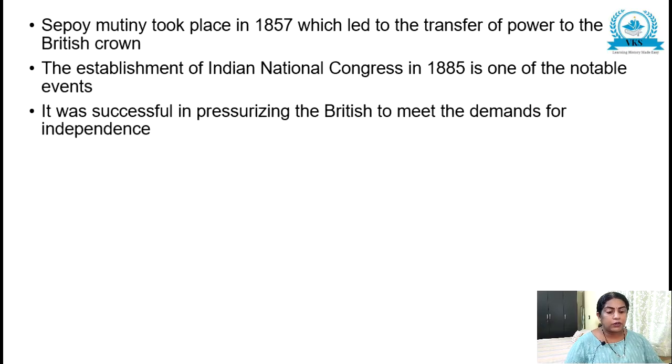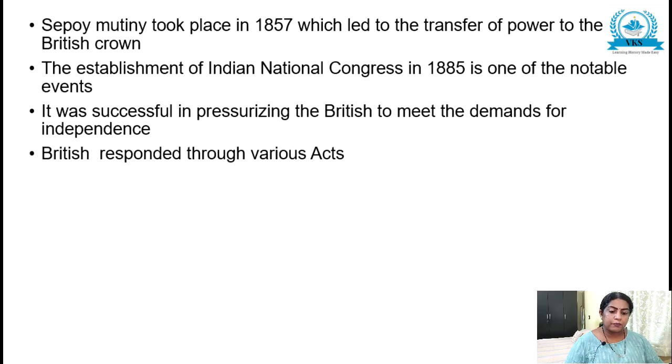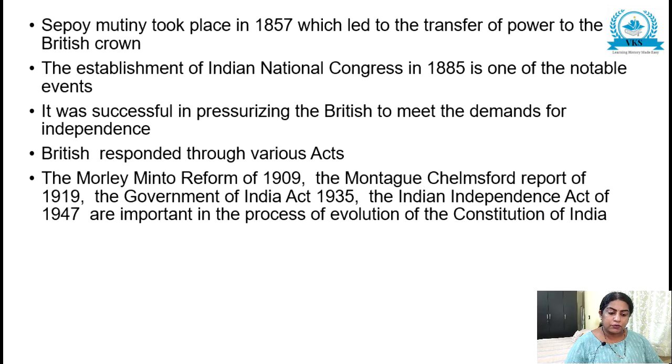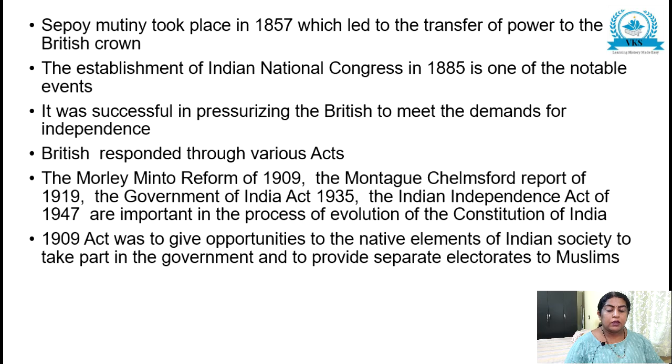It was successful in pressurizing the British to meet the demands for independence. The British responded through various acts. The Morley-Minto Reform of 1909, Montague-Chelmsford Report of 1919, Government of India Act 1935, and Indian Independence Act of 1947 are important in the evolution of the Constitution of India.